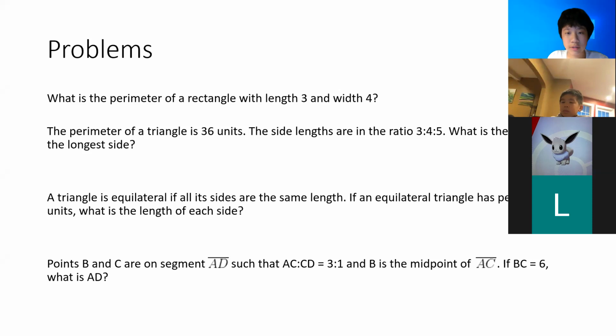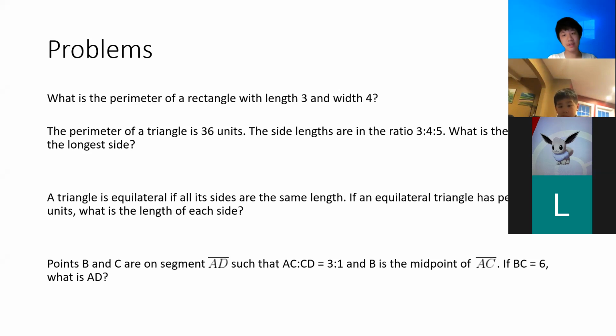All right. So if you're having trouble with the last question, my hint for you is to try to draw out a diagram. So one person's got it right.